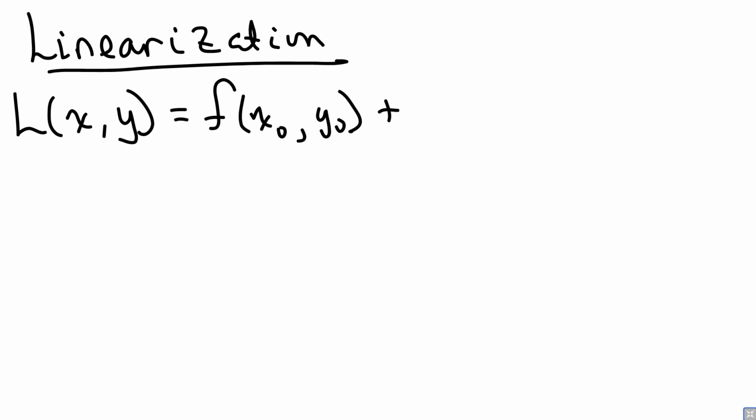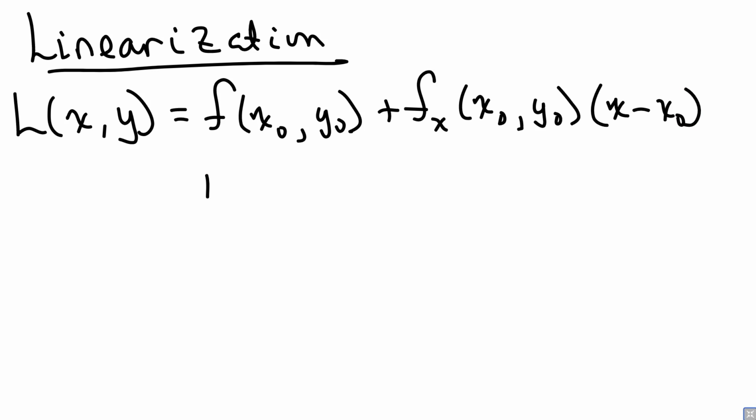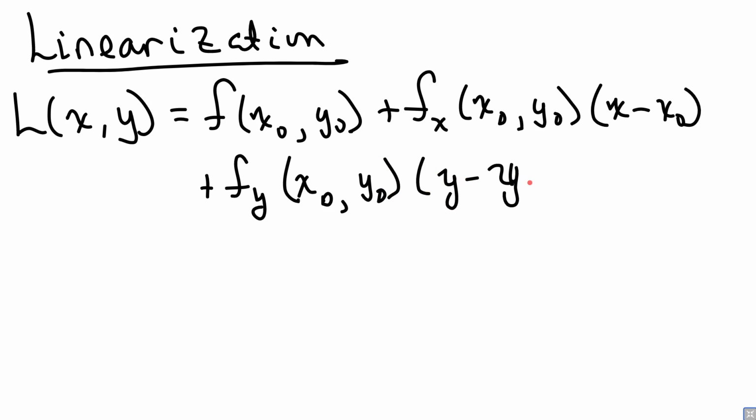Then we're going to add the partial with respect to x, evaluated at the given point, multiplied by x minus x sub 0, plus the partial with respect to y, evaluated at the given point, times y minus y sub 0. Okay? Now, if you add more variables to this, basically it just adds another partial and then the next variable minus its starting point.